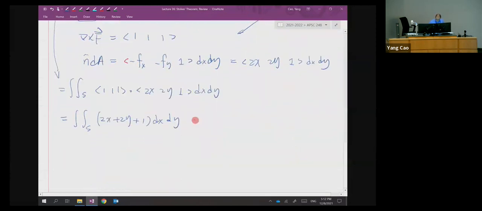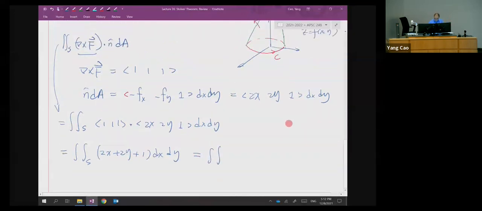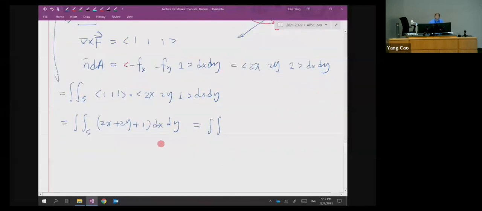So from here, what do you think you should do? Should you go straight ahead using Cartesian coordinates or polar? Because now you have a circle as the shadow, for x and y here you need to change to polar.